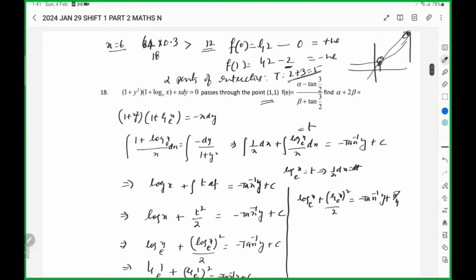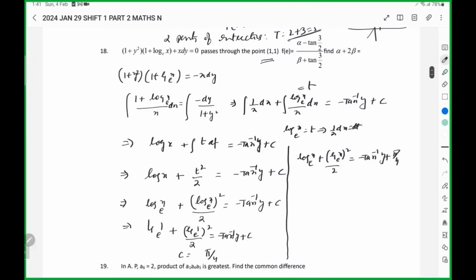He is asking one more value he has given. X as e, log e to the base e is 1, minus tan inverse e plus pi by 4. So tan inverse e will be pi by 4.